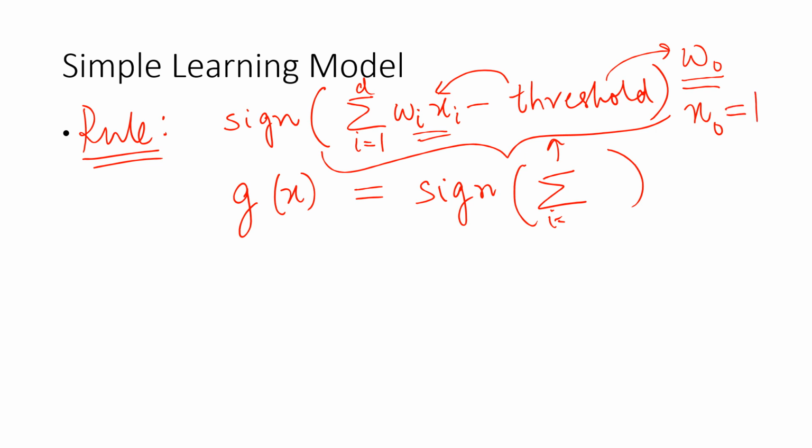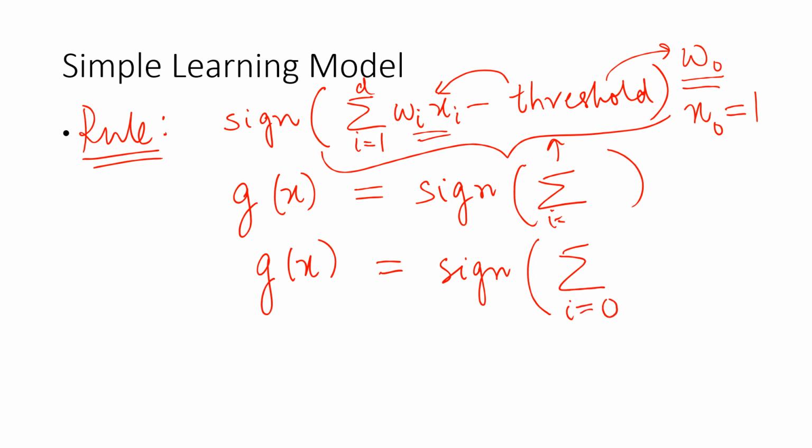So then you can see the w0, x0, and the negative of this can be incorporated in this expression. Let me rewrite it, and it becomes something like this. The only thing that changes here is the sign of the summation with i equals 0.